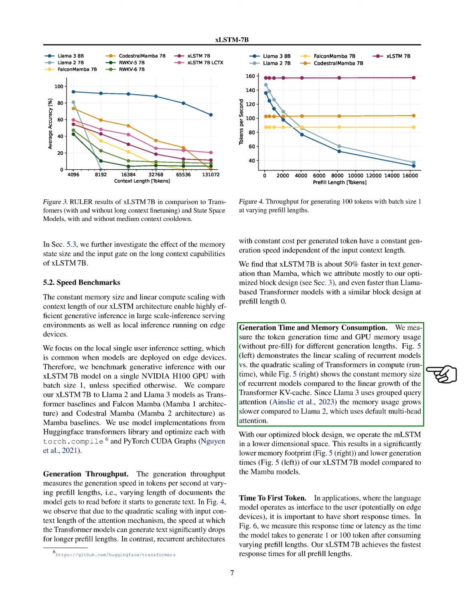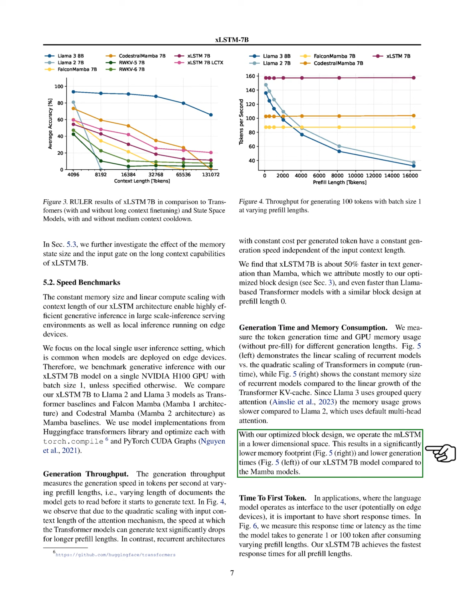Llama 3, which uses grouped query attention, has slower memory growth than Llama 2, which employs standard multi-head attention. Thanks to our optimized block design, xLSTM-7B operates in a lower dimensional space, resulting in a significantly reduced memory footprint and faster generation times compared to Mamba models.